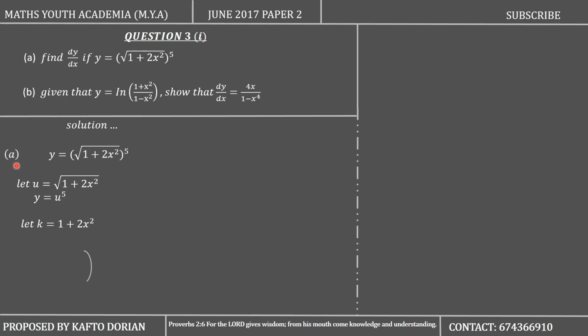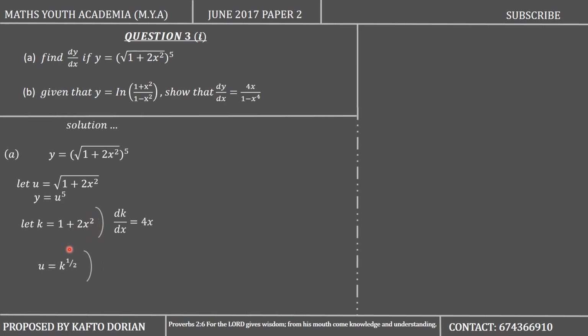Here we are now to find the derivative of u with respect to x. By doing such, we need to let k be equal to 1 plus 2x squared. Differentiating k with respect to x, we'll be having what? 4x. We just multiply the power by the coefficient and reduce the power.